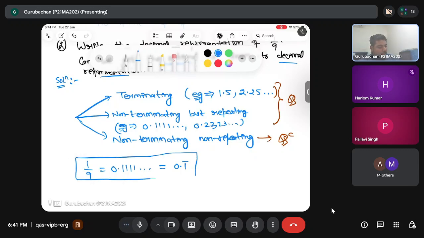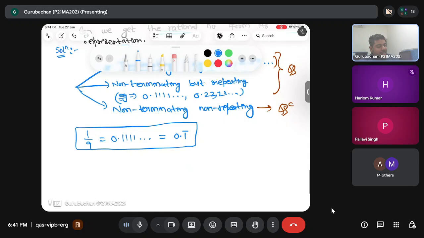Can you get from this decimal representation to the original rational number? Can you do it? Yes. How, Hariom? Sir, I don't know the name of the method, but we can do it.